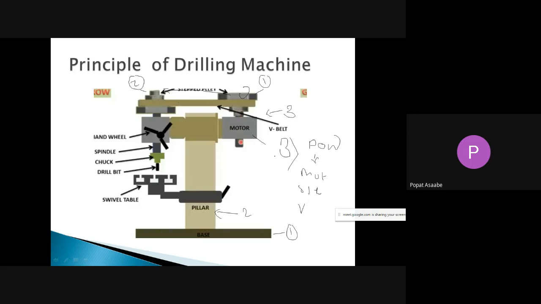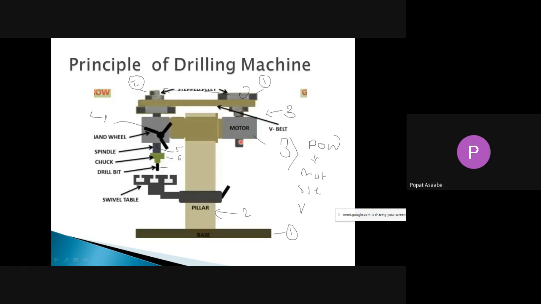The next part of your drilling machine is the hand wheel. This is part number 4, the hand wheel. Then this is the spindle, part number 5. Then it consists of the chuck.